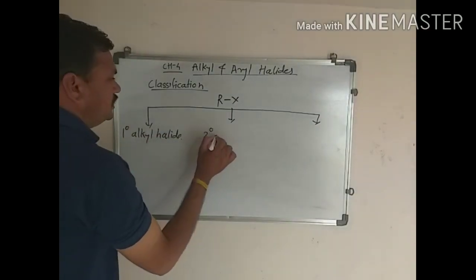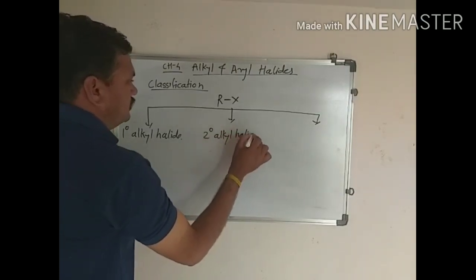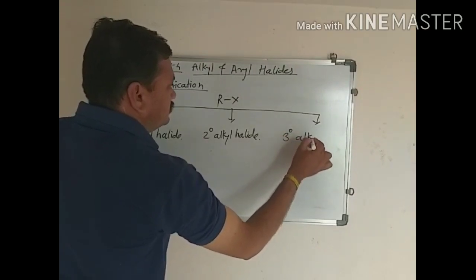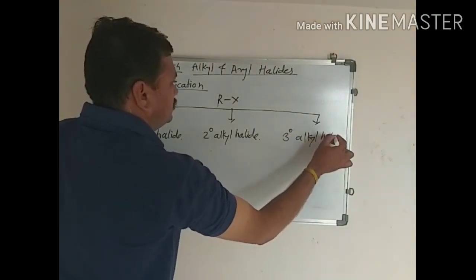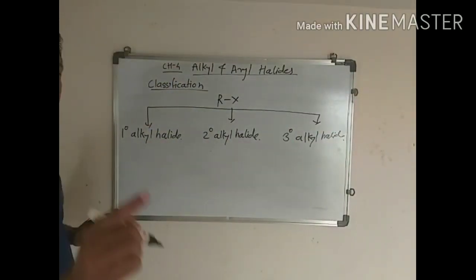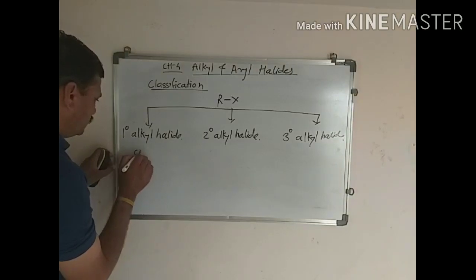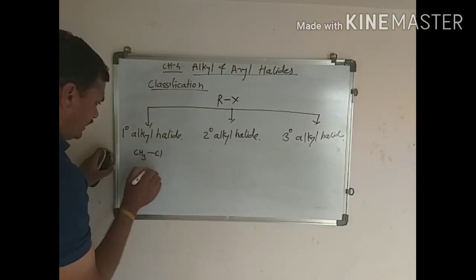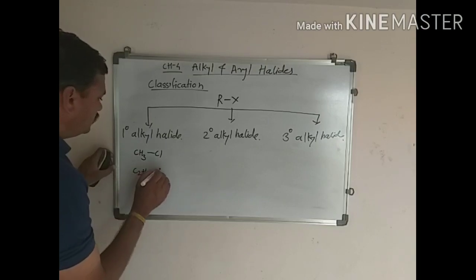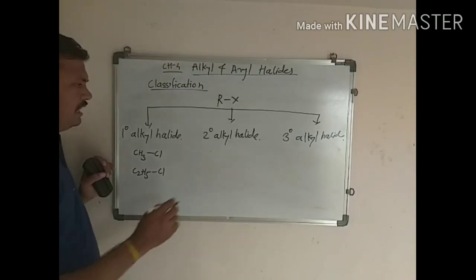Second, secondary alkyl halide, and third it is tertiary alkyl halide. Primary alkyl halide means the halogen atom is attached to a primary carbon. There are examples for this. It is methyl chloride, then ethyl chloride. These are the examples of primary alkyl halide.